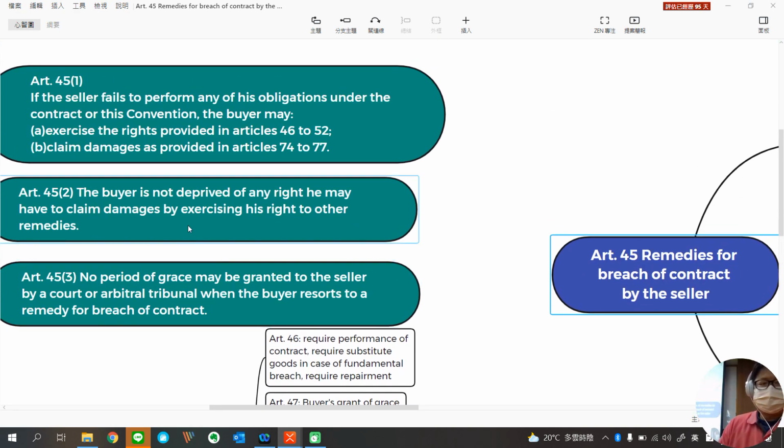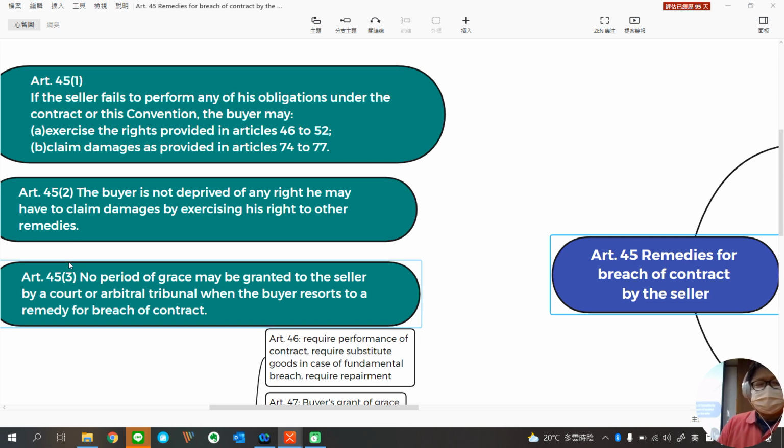And Article 45, paragraph 2: the buyer is not deprived of any right he may have to claim damages by exercising his right to other remedies. That means the buyer may have other contractual remedies and some remedies permissible under domestic law, so it's not deprived by the CISG.